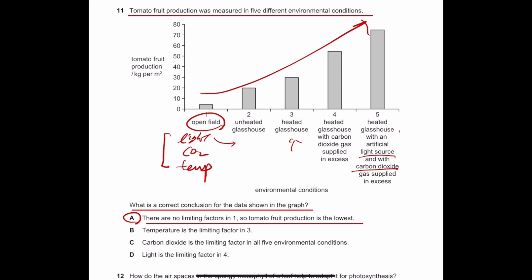And limiting factors, the definition of the limiting factors is that they're the factors that are not present in abundance.